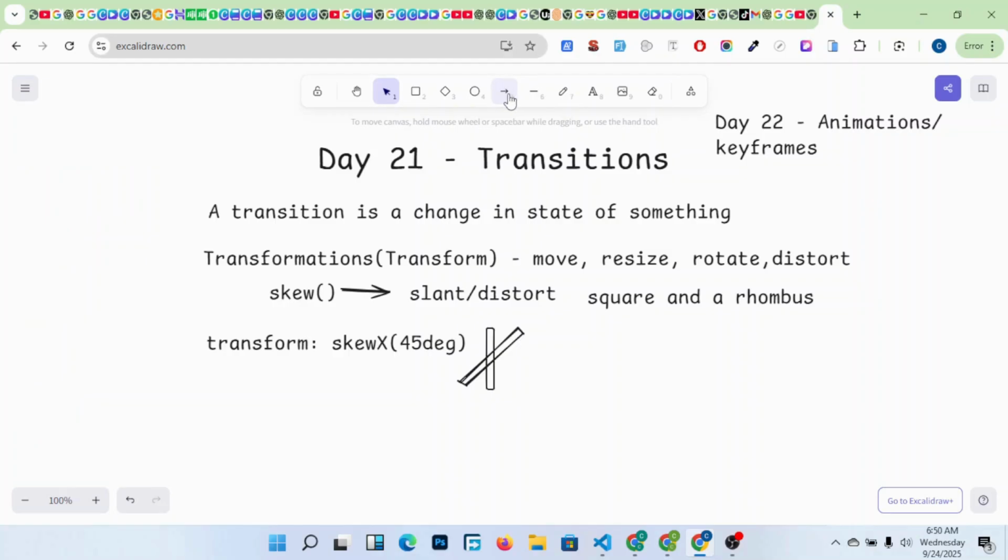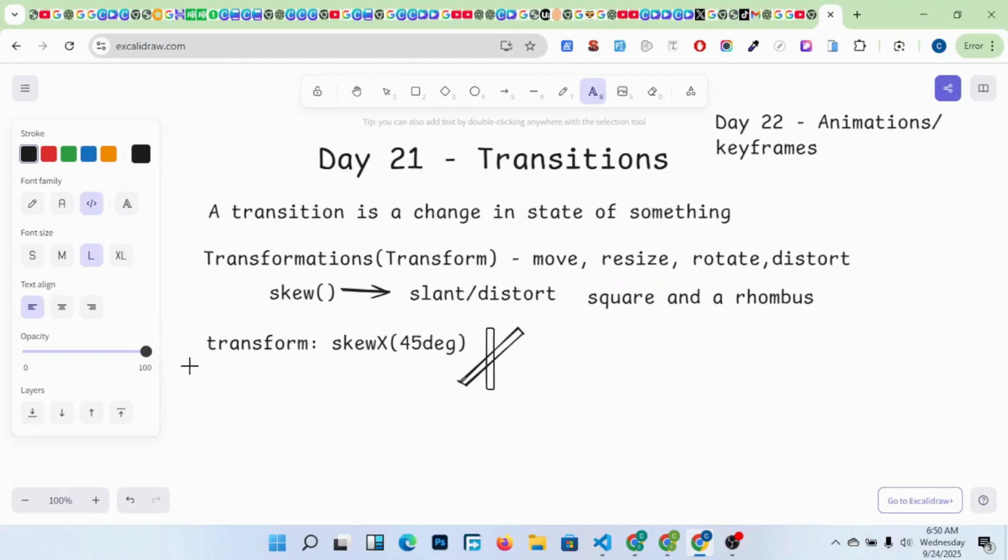So if I say transform, skew x, and I say negative 45 degrees, then it is going to be opposite.